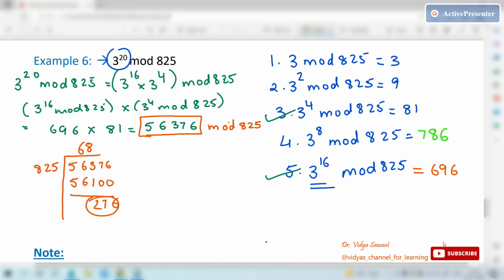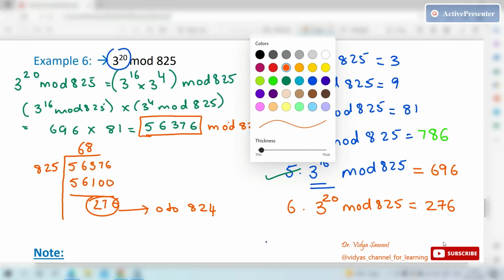The remainder comes out to be 276. Now when you get the remainder, you have to check out, is it positive? Yes. Is it between 0 to b minus 1? Yes. Therefore, this is the final answer to the question 3 raised to 20 mod 825. So we got the answer as 276.